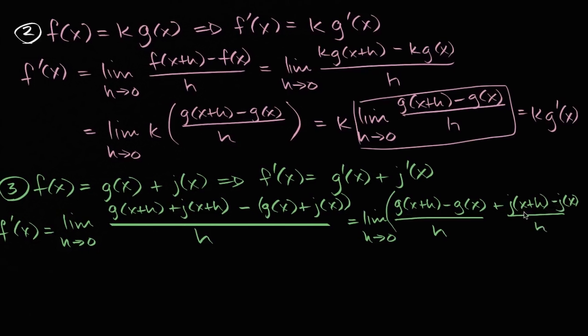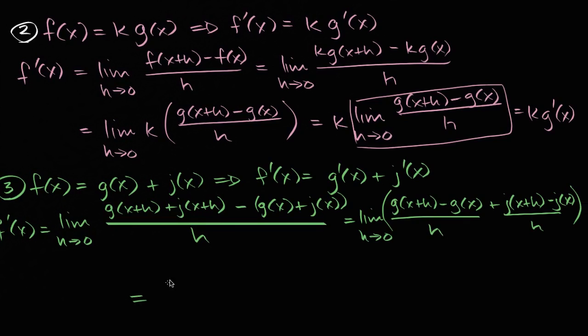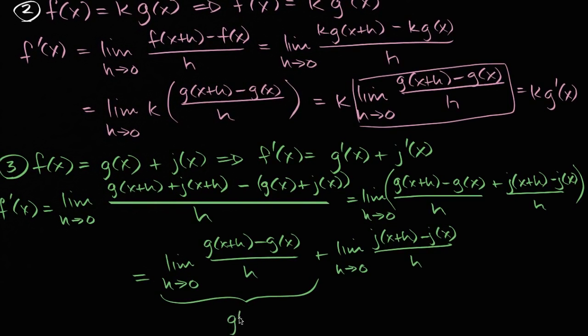And once again, we know from our limit properties that that is the exact same thing as the limit as h approaches 0 of g of x plus h minus g of x, all of that over h, plus the limit as h approaches 0 of j of x plus h minus j of x, all of that over h. And this right over here is the definition of g prime of x. And this right over here is j prime of x, and we're done.